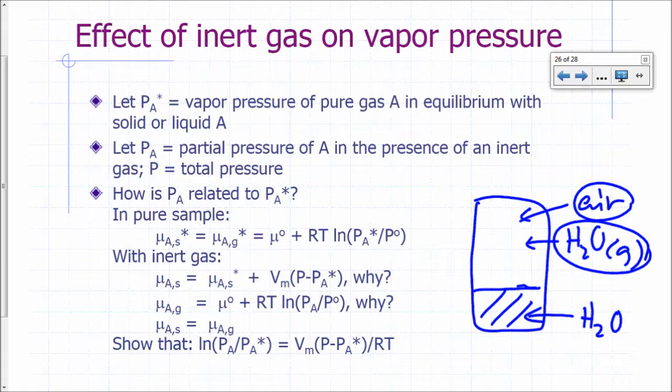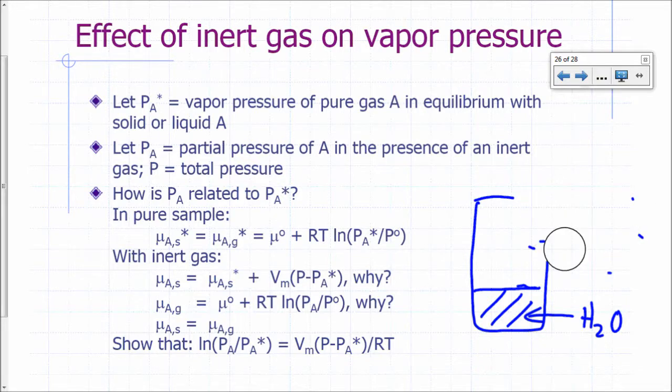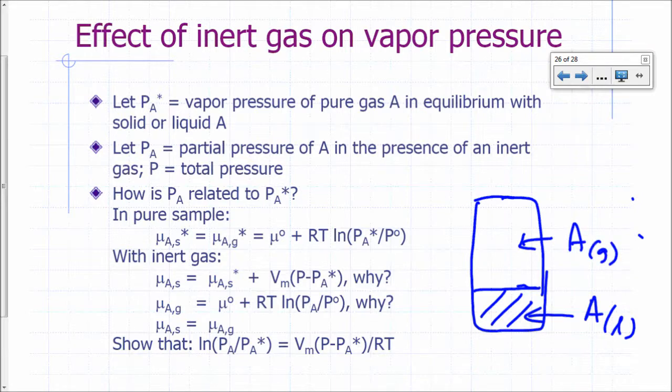Let's set up the problem this way. Say you have pure liquid A in equilibrium with gaseous A, nothing else there. Then the pressure of A here, we're going to call P sub A star. The star indicates that we're dealing with a pure vapor.